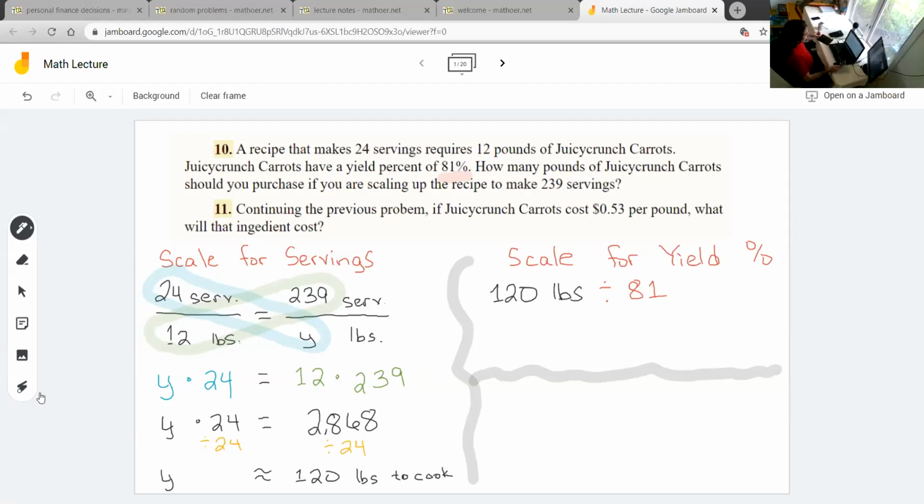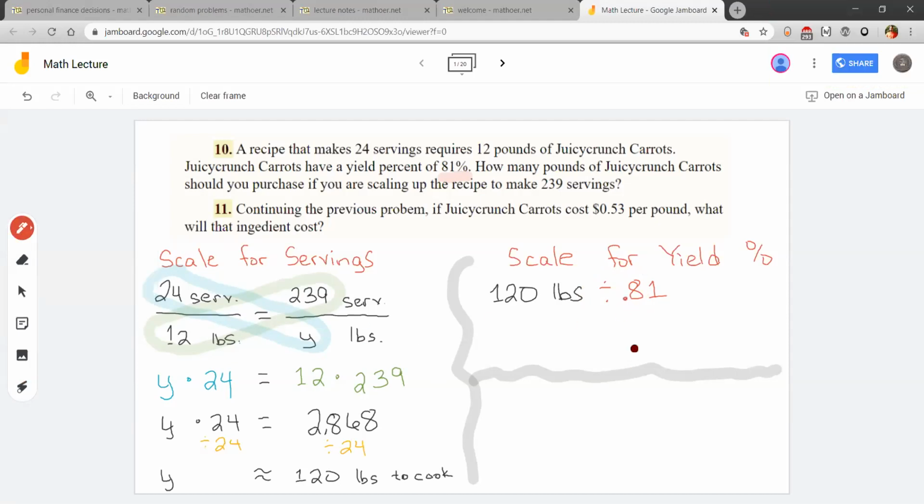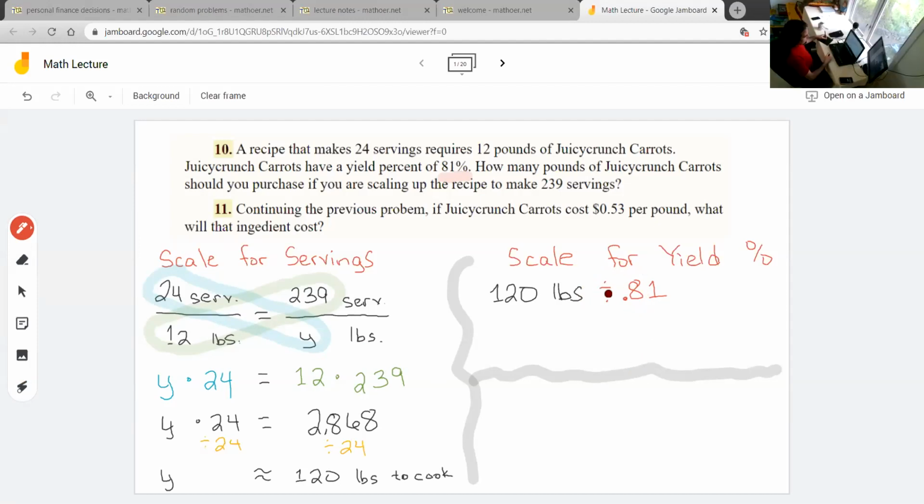Okay, so what I was about to ask, thank you again, is why are we dividing instead of multiplying? I explained that last time. Who wants to explain it this time? It's not 81, because one makes it bigger, one makes it smaller. Right. If we were multiplying by 0.81, we'd make it smaller.